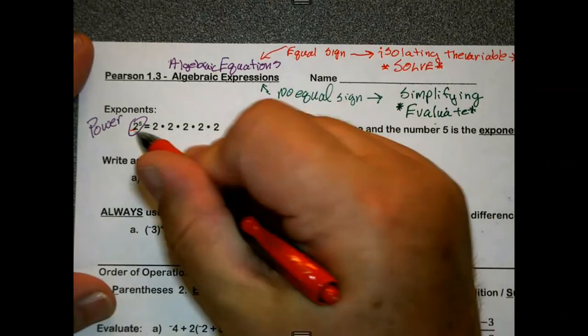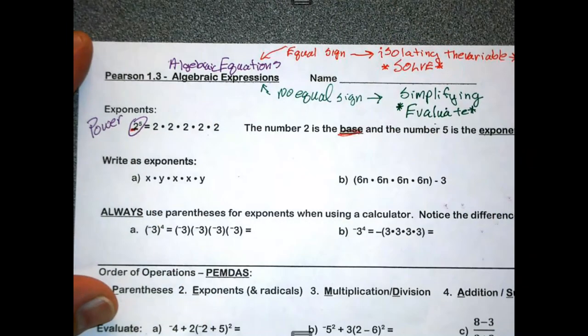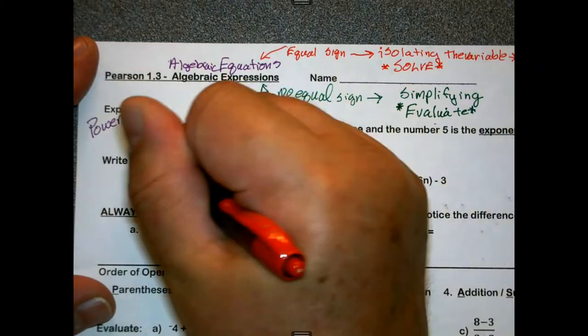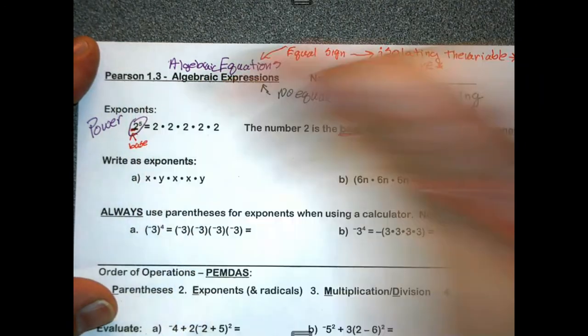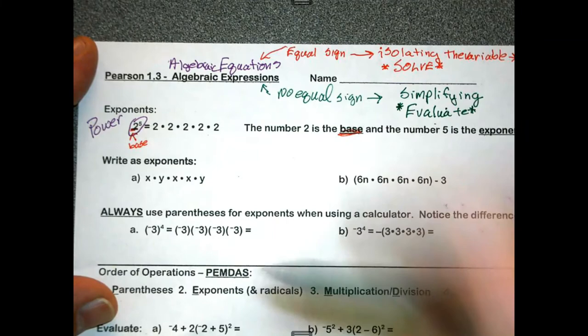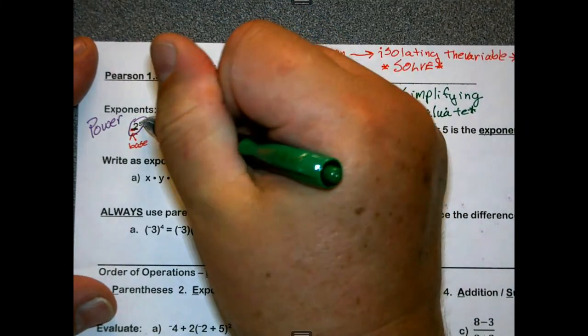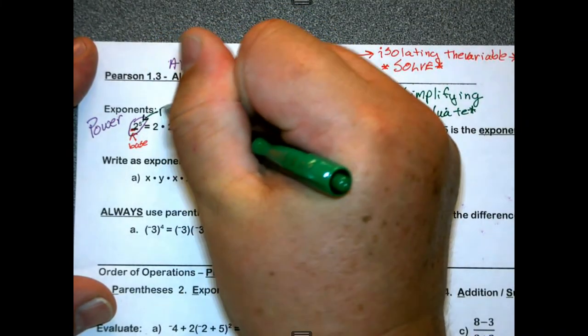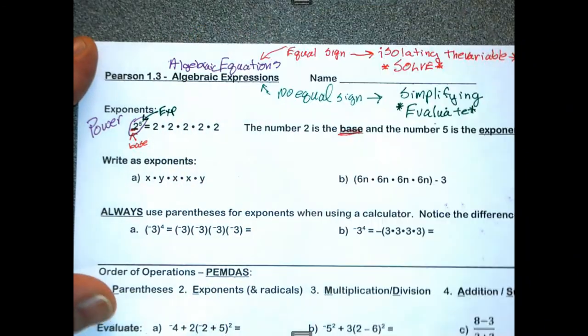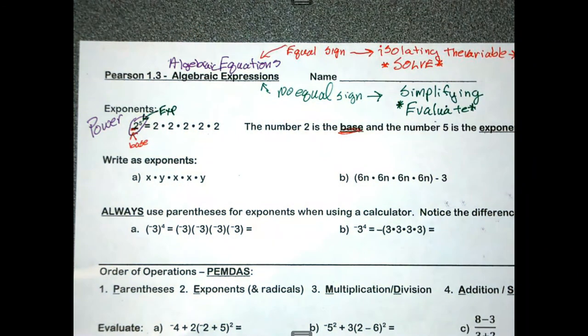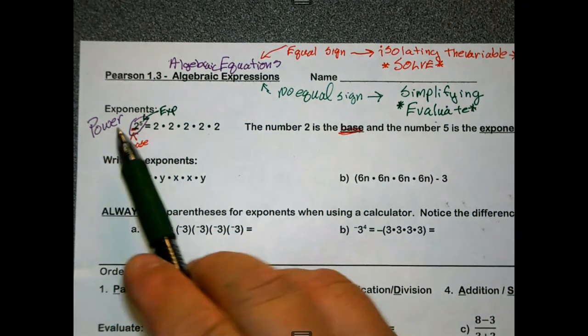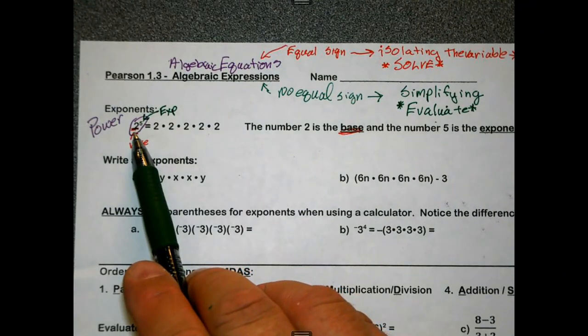So it has 2 as the base. That's my base. And then the 5 is my exponent. Okay. What that means is the power, I'm taking that number 2 and I'm multiplying it.